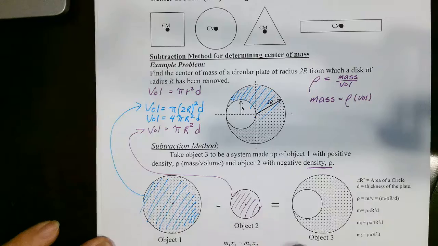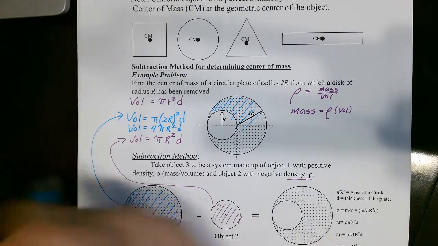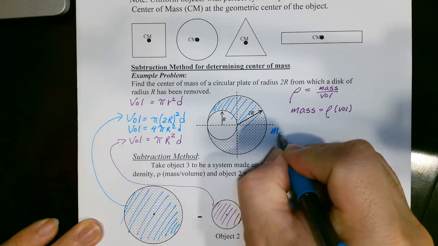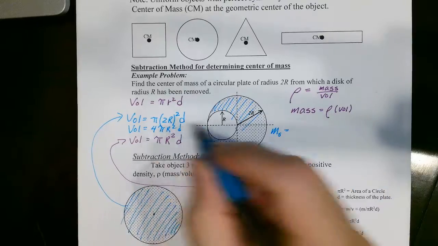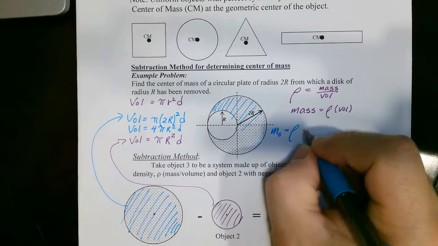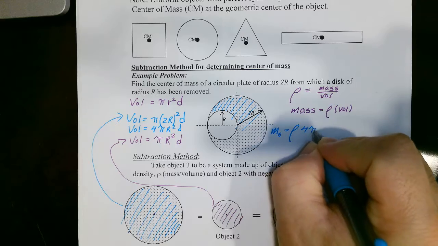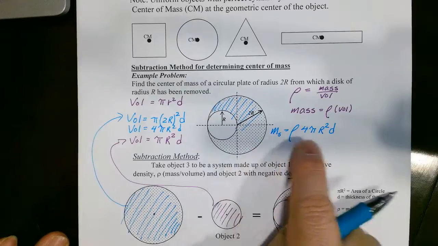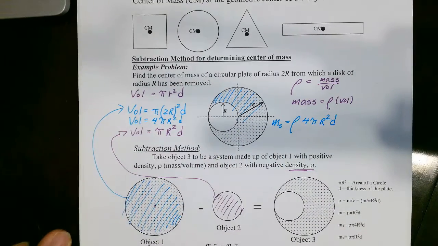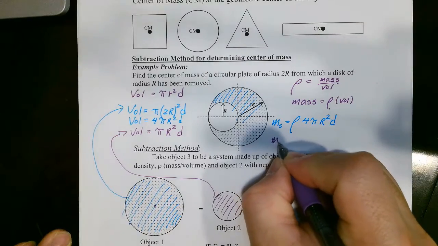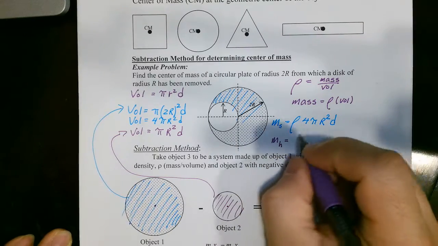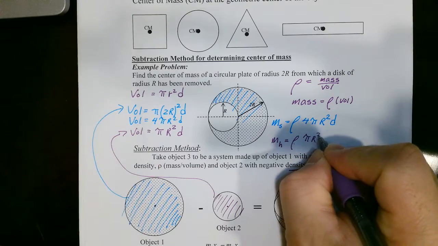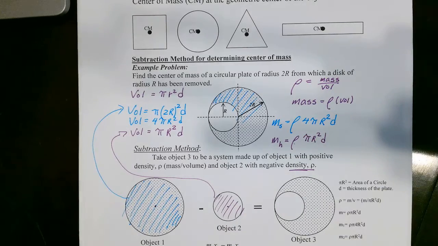If we were to solve for the mass of the solid disk, the mass of the solid disk is equal to rho times the volume. So rho times 4 pi r squared d is the mass of this solid volume. And the mass of the hole would be rho times pi r squared d.